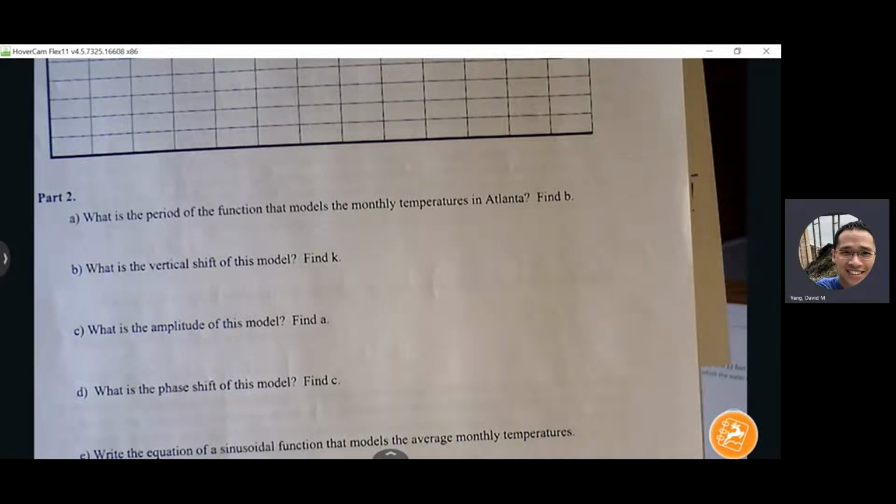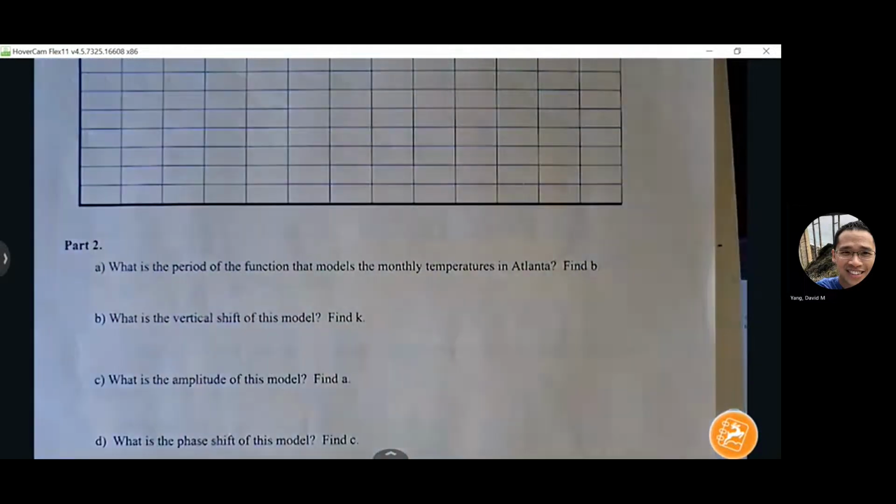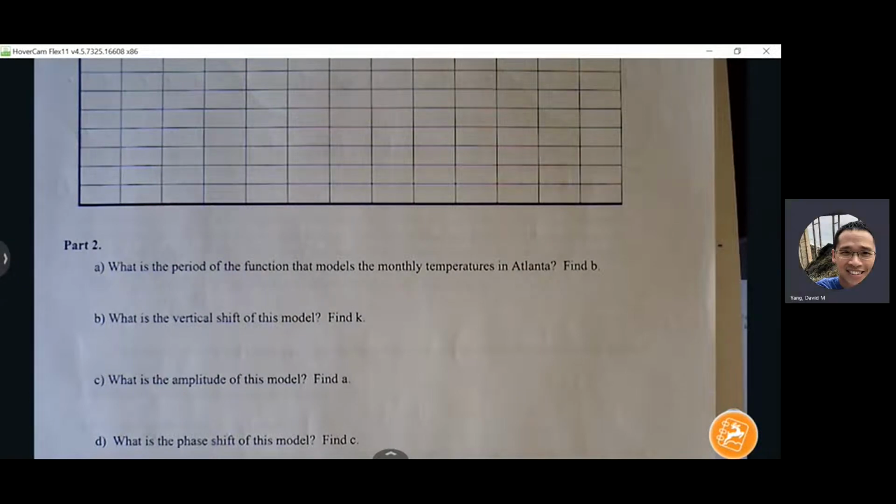Okay, let's start page 31. First thing, we're just going to graph the same way that we did before.